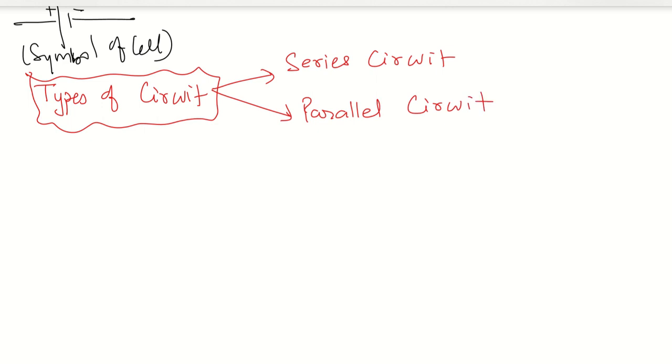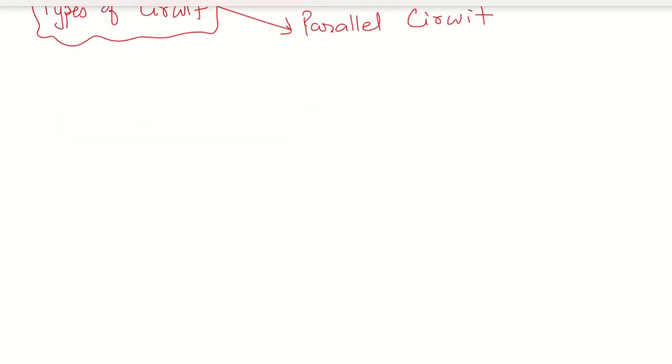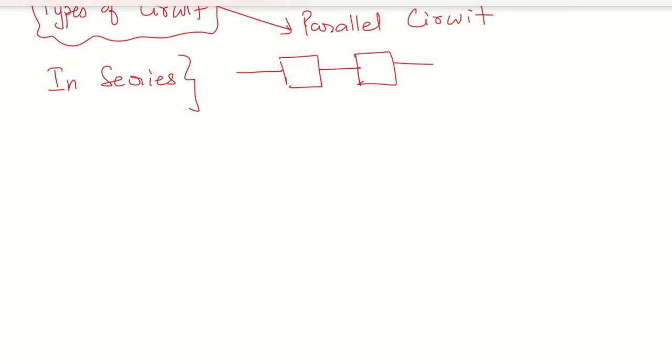What's the difference between these two circuits? That we have to see. Let's understand. In a series circuit, what happens? In series, we connect the resistors like this. This is the symbol for resistor.